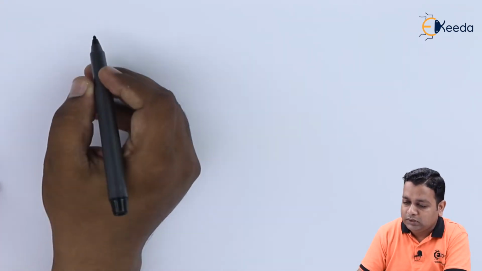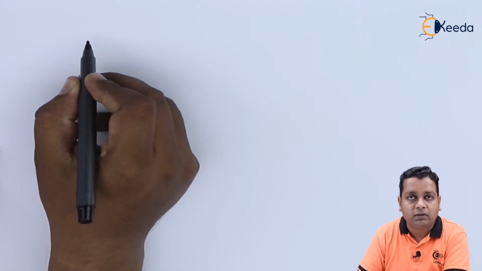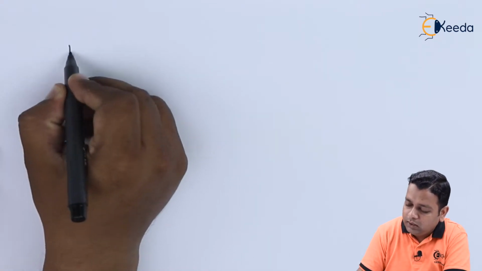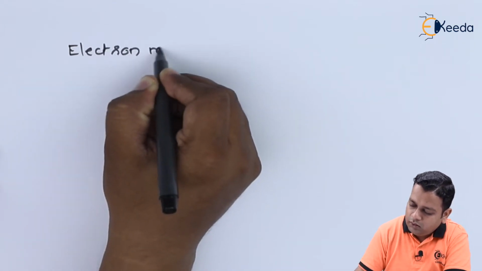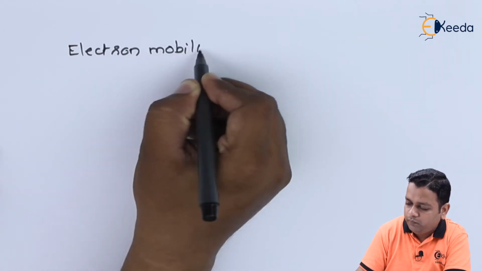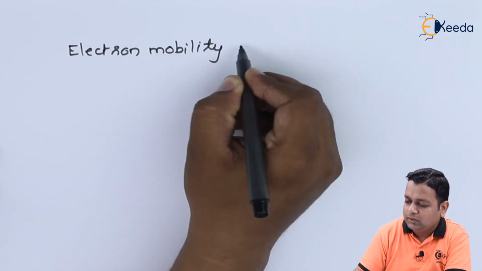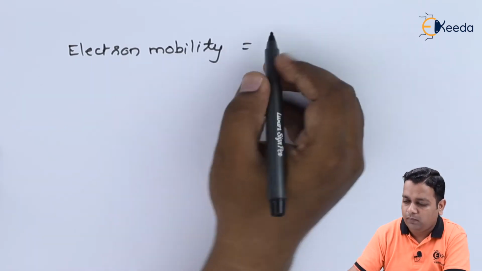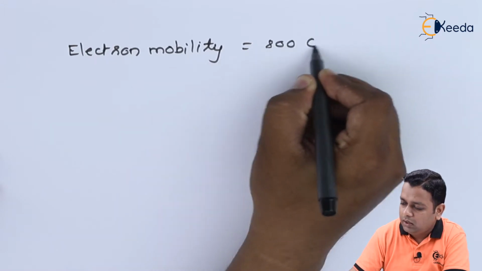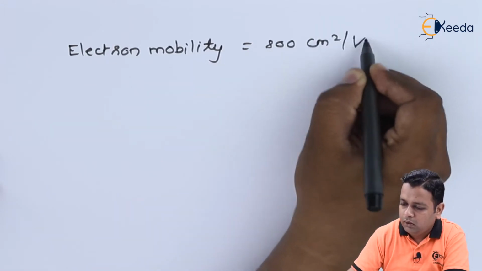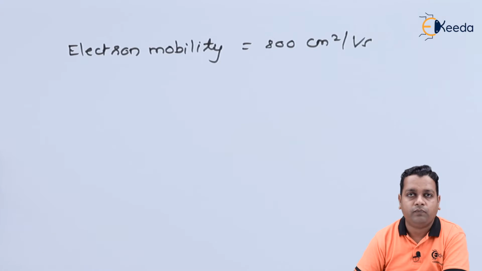Mu is nothing but the mobility. Here the charge carrier is the electron, hence I write electron mobility. In the second representation form, it is 800 centimeter square per volt second.